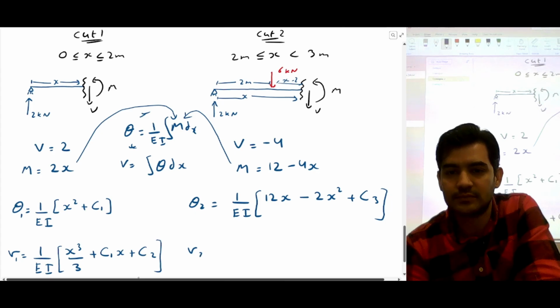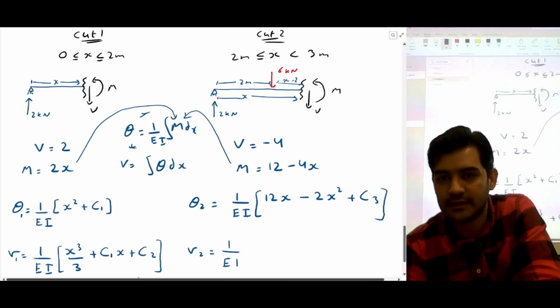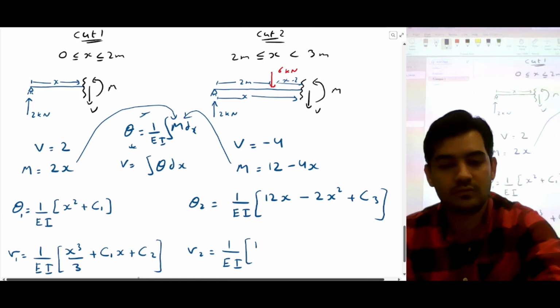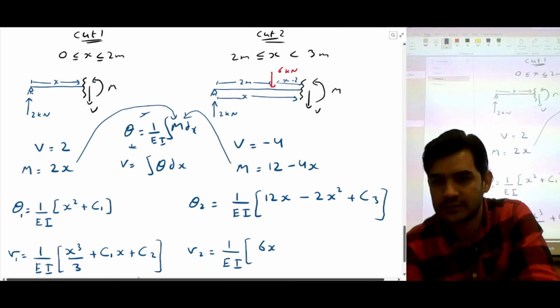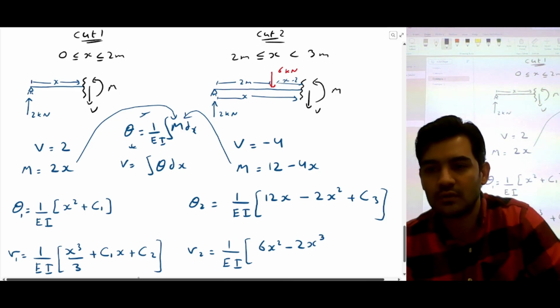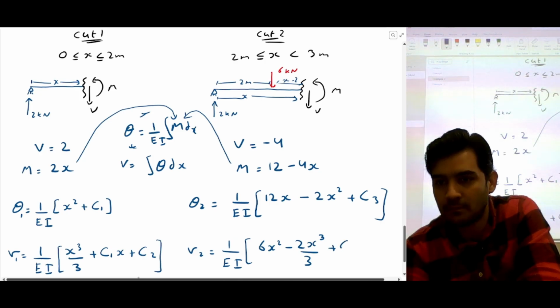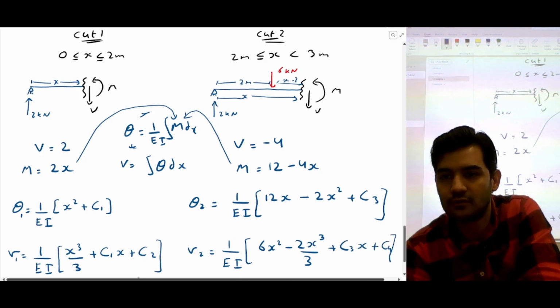And the displacement would be equal to 1 over EI (6x squared minus 2x cubed by 3 plus C3x plus C4).